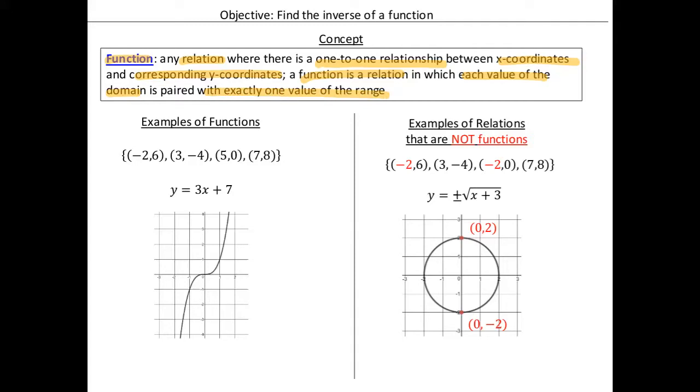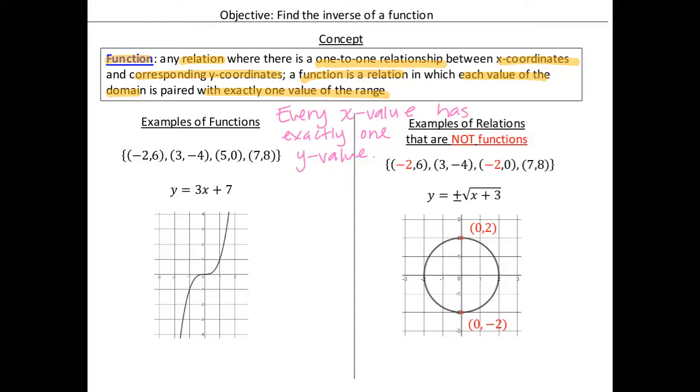In other words, every x value has exactly one y value. That's what it means to be a function, is it has to have a one-to-one relationship. And then every x has exactly one y.